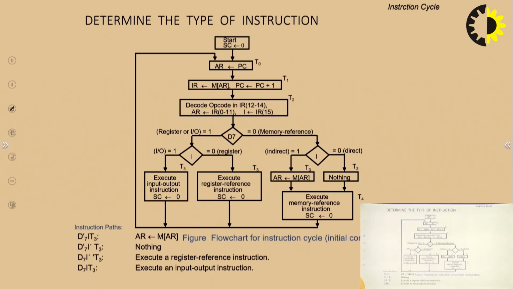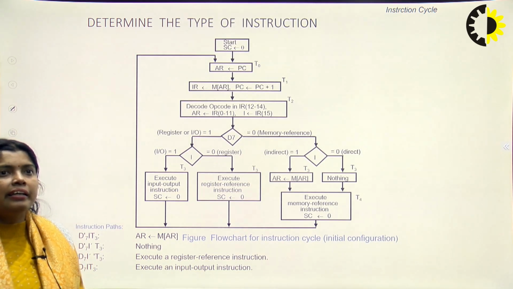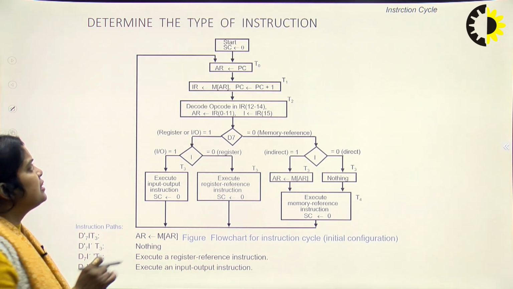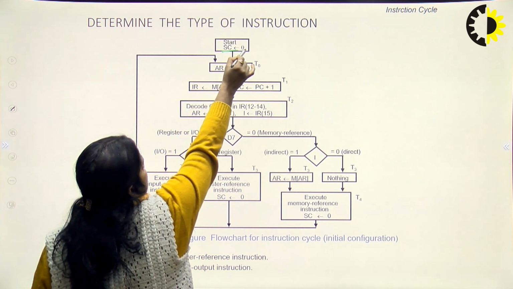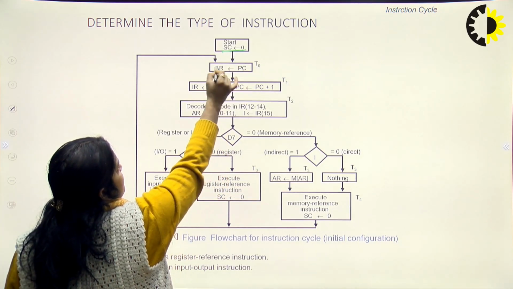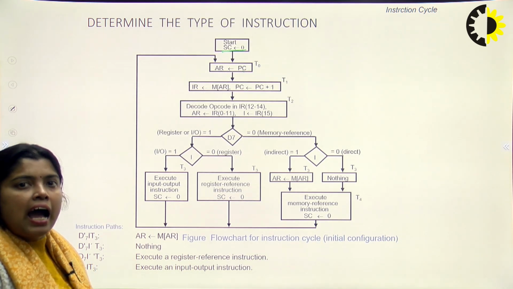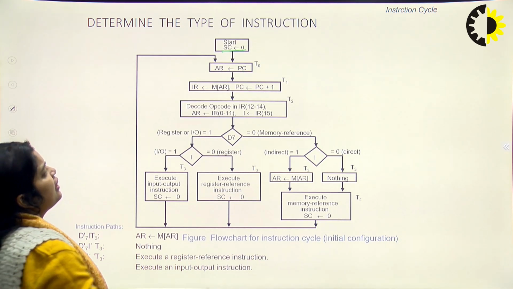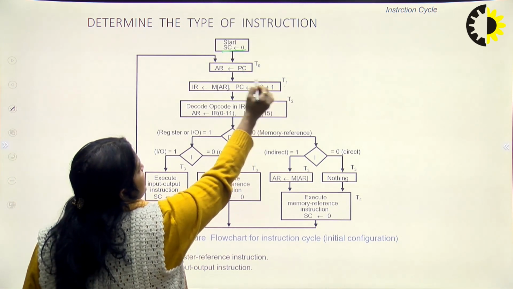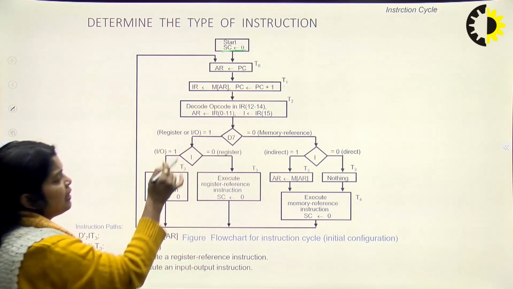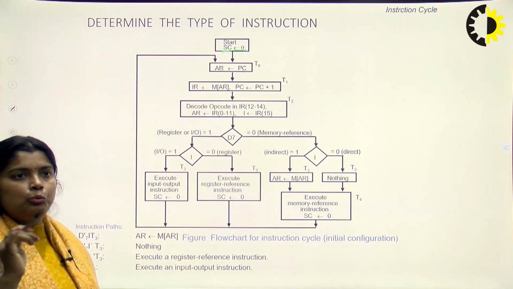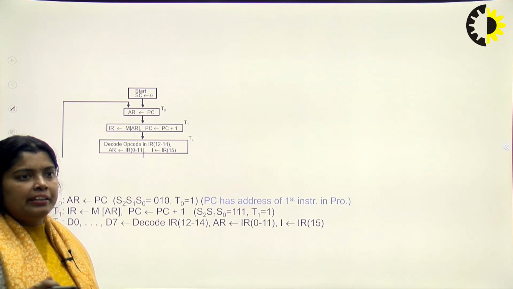Now, in this type of instruction cycle, the first thing you can check is that the start of sequence counter is 0. Next is PC to AR, the address register, at the time T0. And in the next, T1, T2, we can already read this.